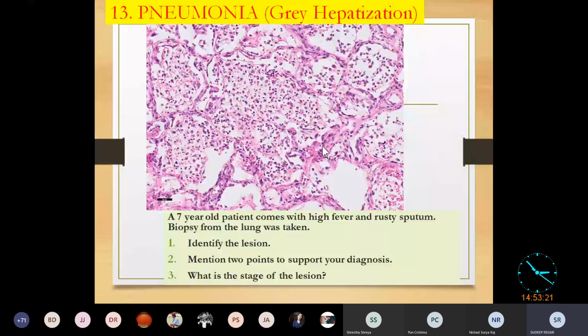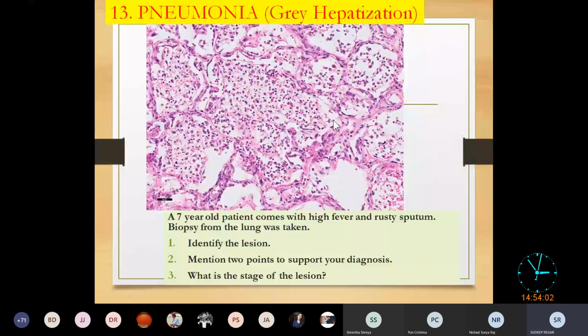But here, because of some infection, there is inflammation, and all the exudates, the inflammatory cells, macrophages, and dead cells are occupying the alveolar spaces. So the space which should be occupied by air is now occupied by the exudates. So there won't be normal oxygen and carbon dioxide exchange. Is that the problem?